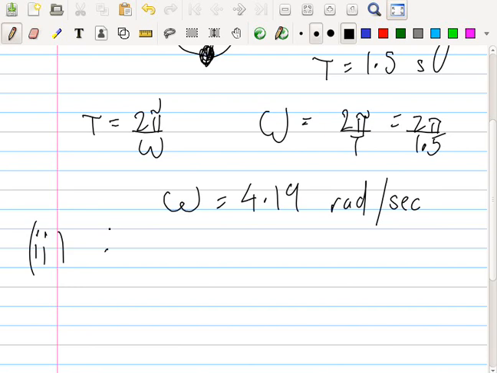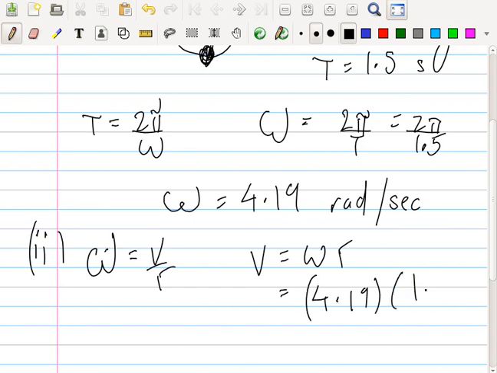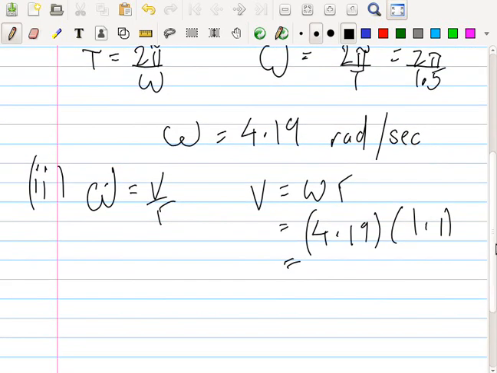Again, if you look at the bottom of page 3, you can see omega equals v over r, so v equals omega r, which will equal 4.19 times 1.1. Again, Daniel, what's that? 4.61, sorry.